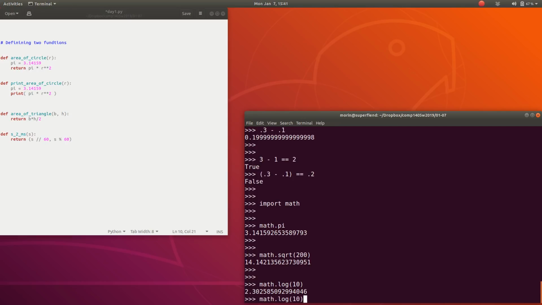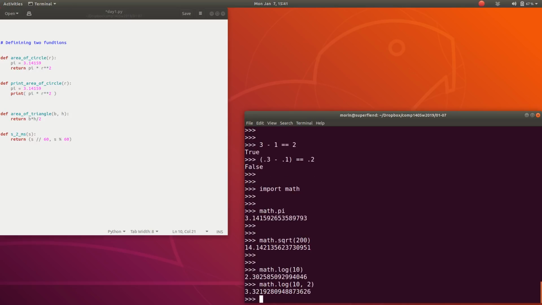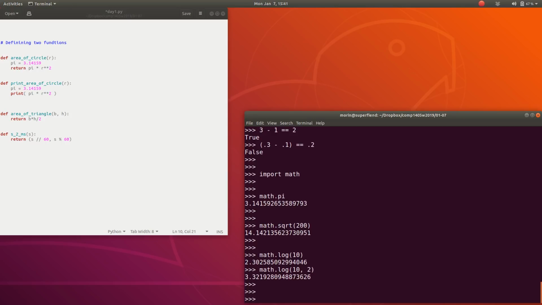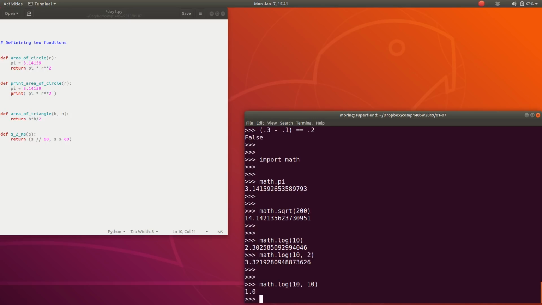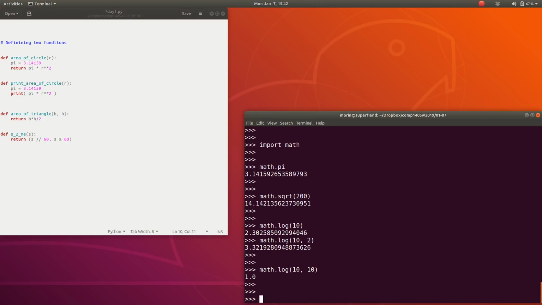Okay. If you want to change that, it has a 2-argument version, and there's the binary logarithm, the base 2 logarithm, and then what you may have been thinking of is the base 10 logarithm, in which 10 to the power of 1 is 10, therefore the log base 10 of 10 is 1. That's useful for the assignment.